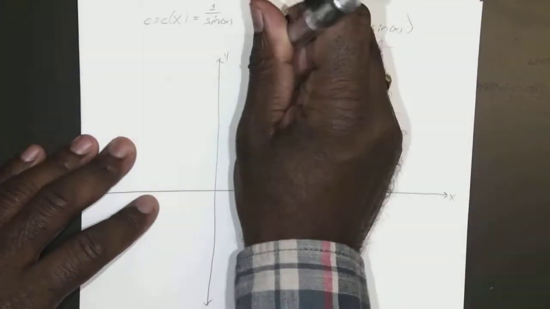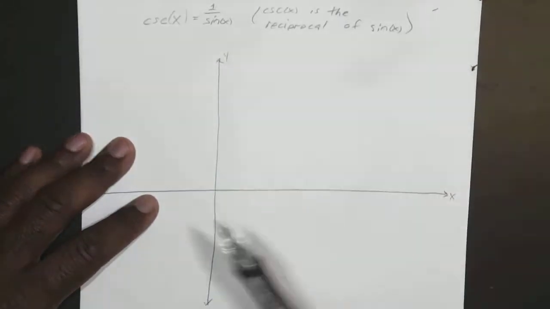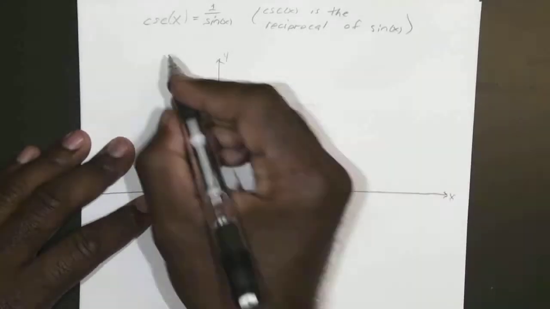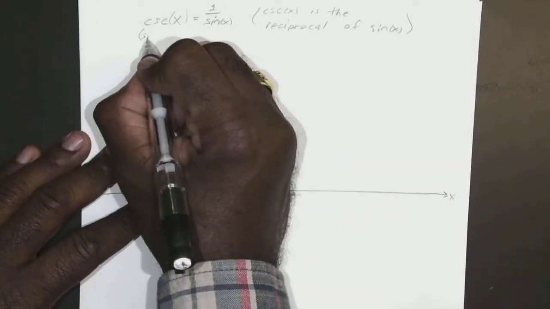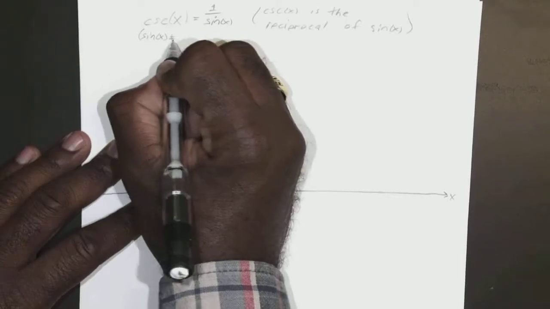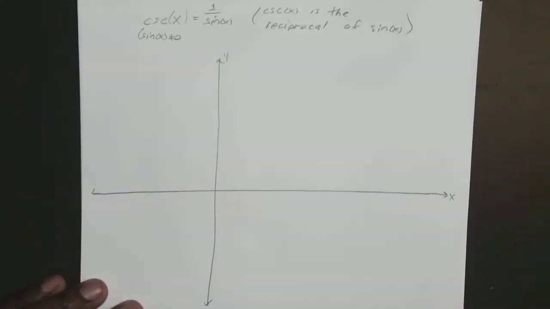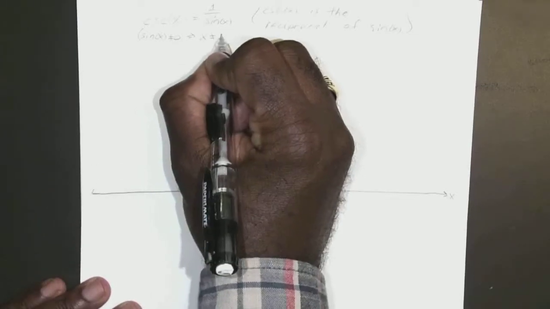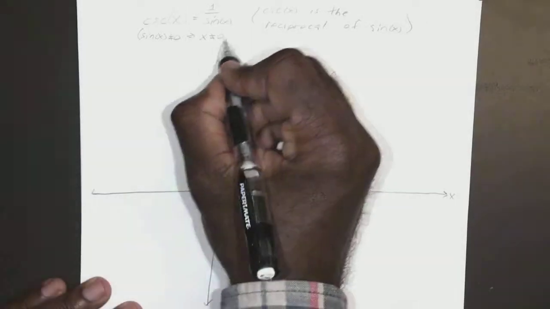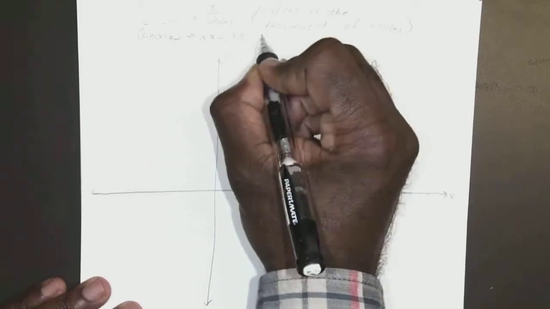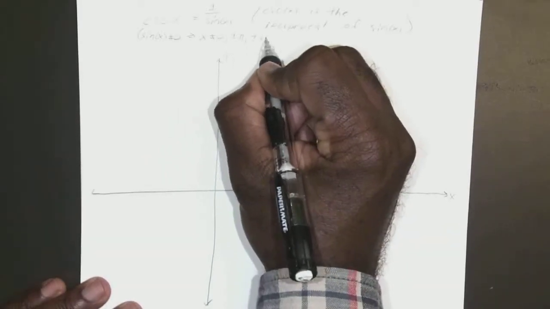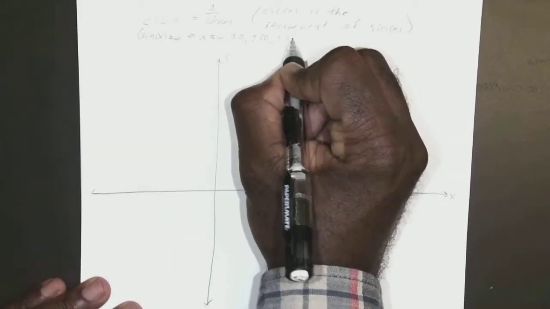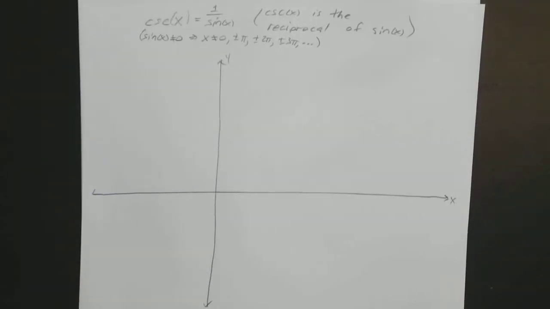And I'll move that over here because I don't want this to get in the way of the graph. So sine of x can never equal 0, which means x can never equal 0, plus or minus pi, positive or negative 2 pi, positive or negative 3 pi, and it keeps on going like that. Okay, because all those values will make sine equal 0.